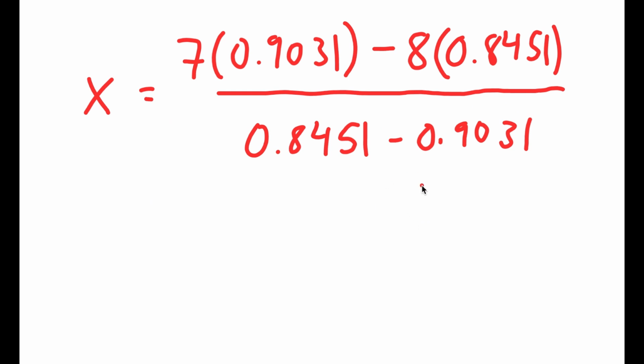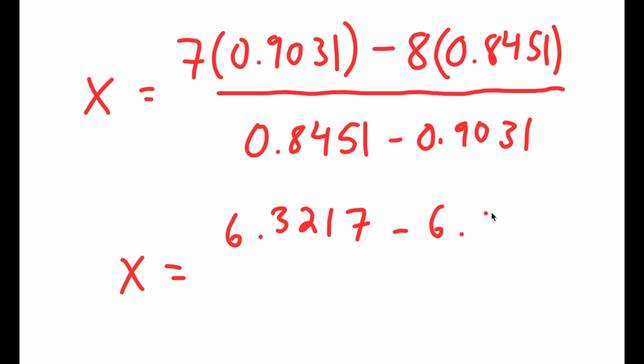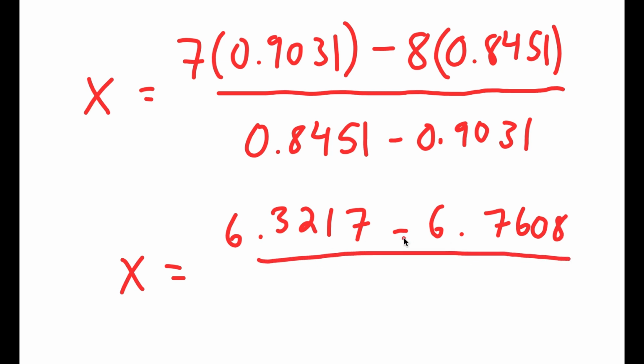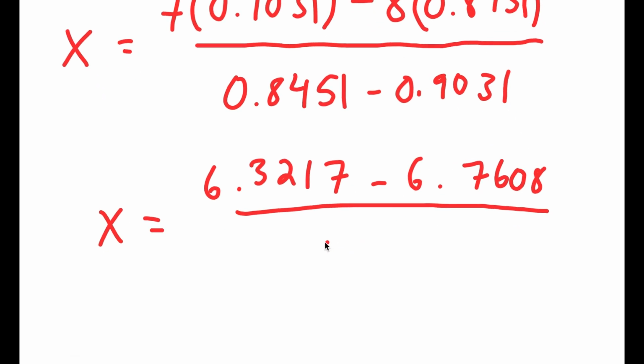So, now from here, this simplifies to 7 times 0.9031 is equal to 6.3217. Now I have this minus 8 times 0.8451 is equal to 6.7608. And I have this over 0.8451 minus 0.9031 is equal to negative 0.058.